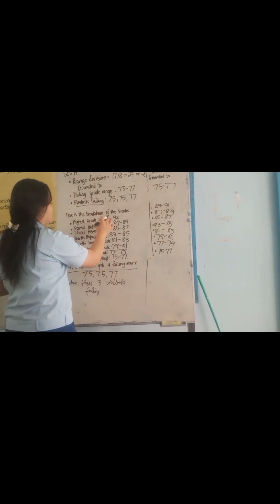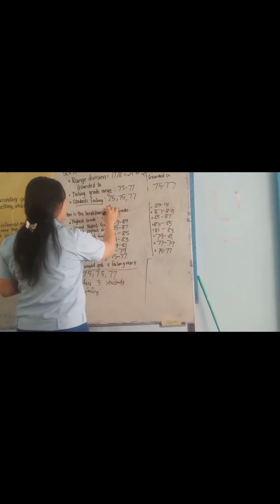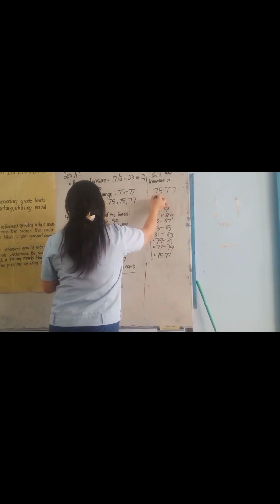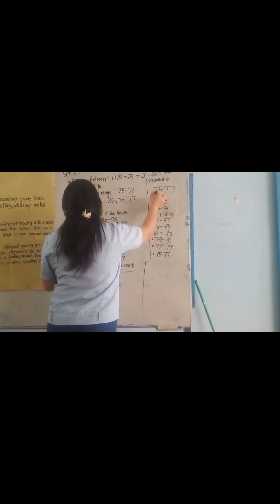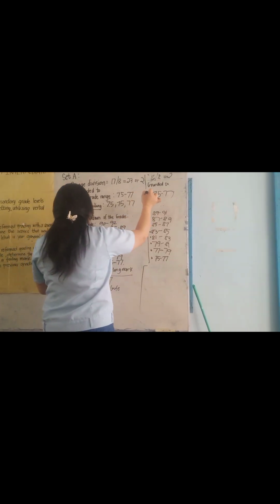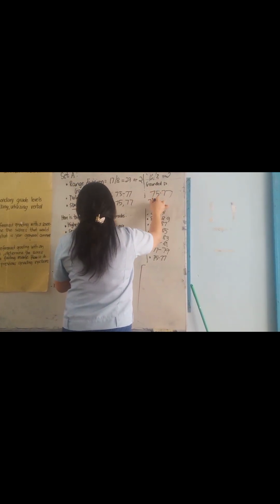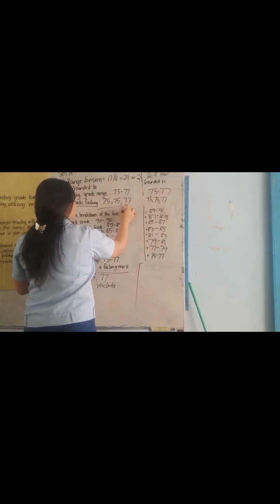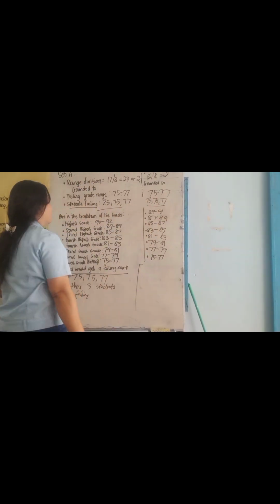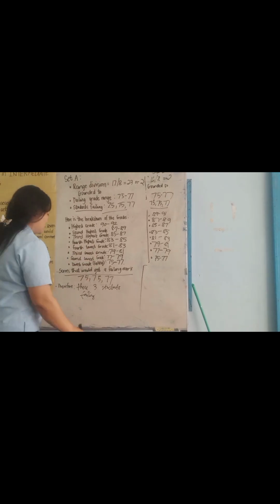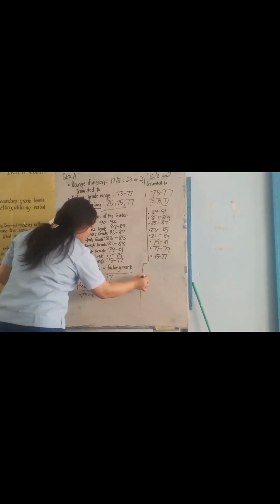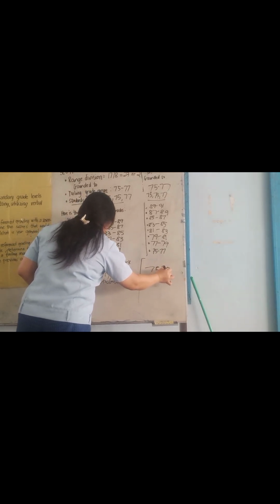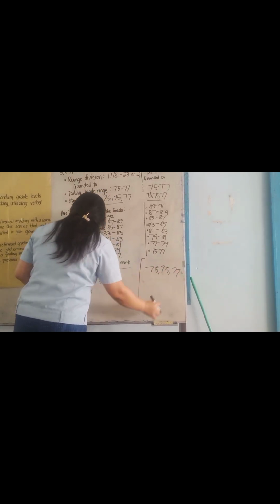Obviously, the students failing are 75, 75 and 77. So set A and set B for the 8-point scale are the same, with failing scores 75, 75 and 77.